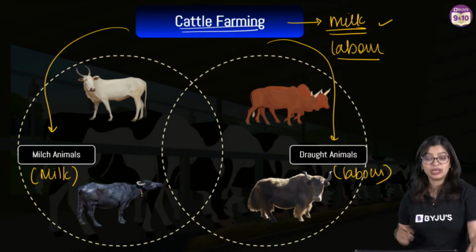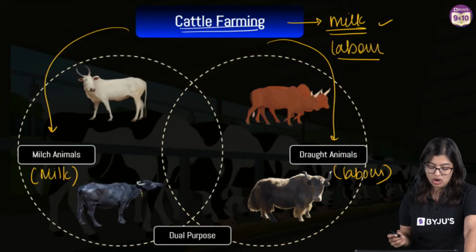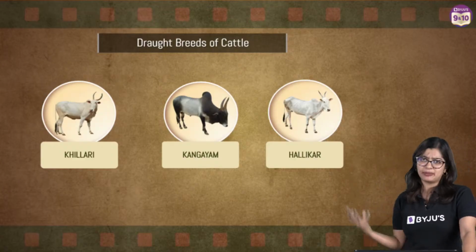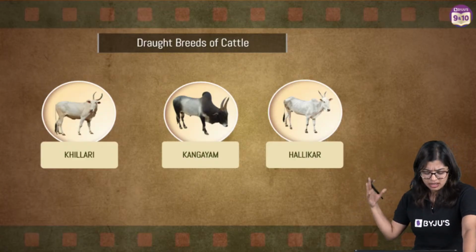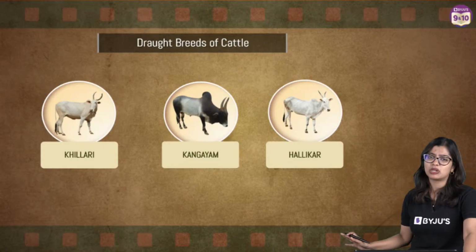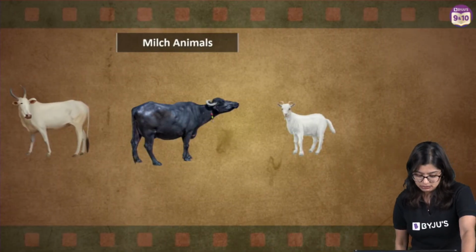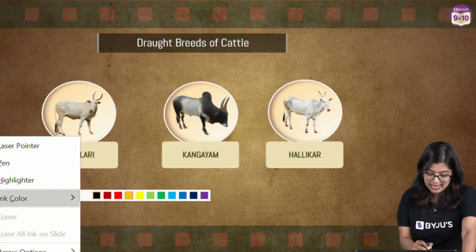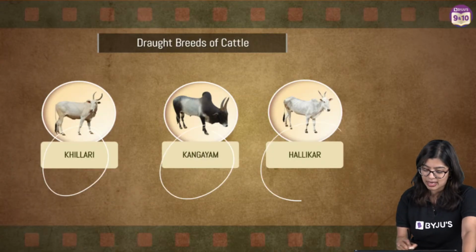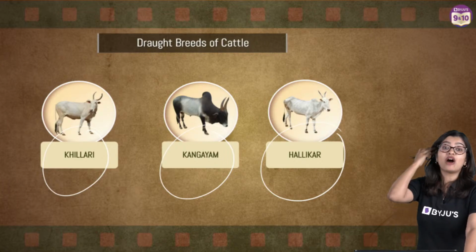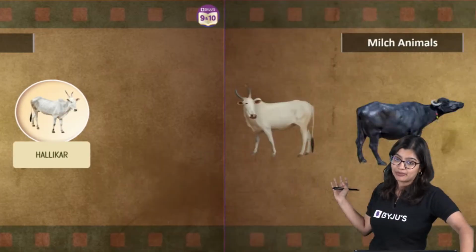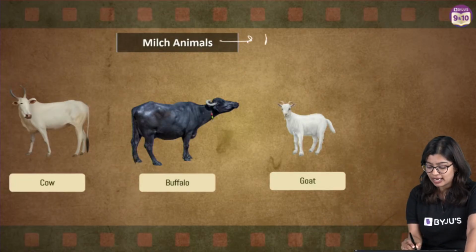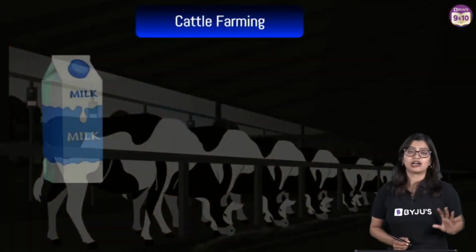Some examples of draught animals include breeds like Khilari, Kangayam, and Hallikar. Sorry, I said it the other way earlier. These are all examples of draught animals, which means I will use them for labor. Milch animals are mainly cow, buffalo, and goat, from whom I get milk, thereby obtaining milk-based products.